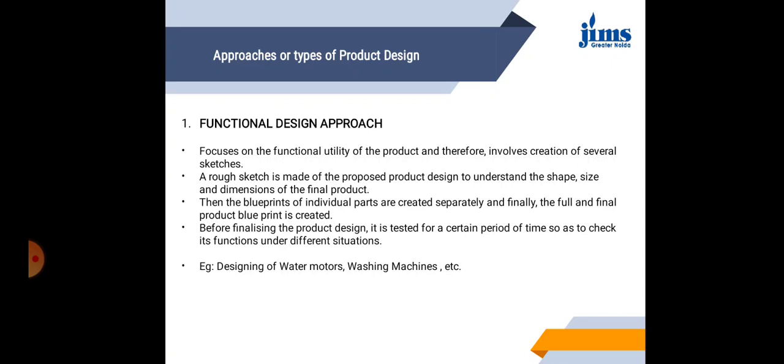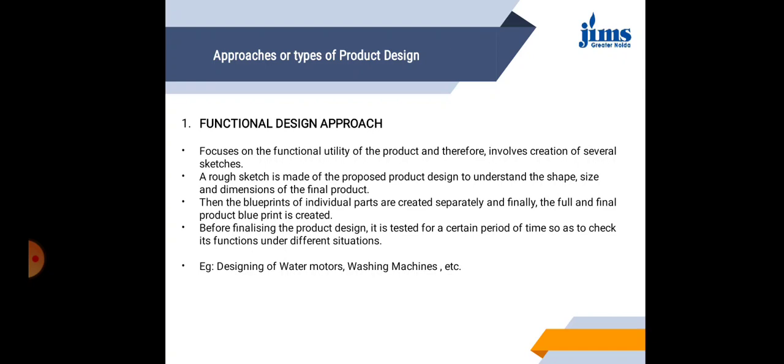In the initial stages, a rough sketch is made of the proposed product design so that the engineers and experts can understand the shape, size, and dimensions of the final product. Further, the blueprints of individual parts are created separately, and finally, the full and final product blueprint is created.